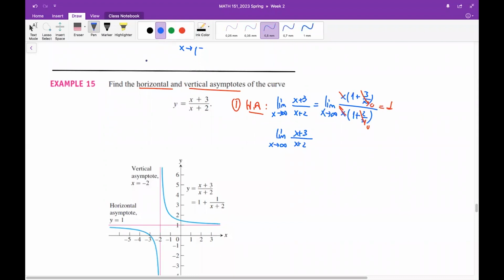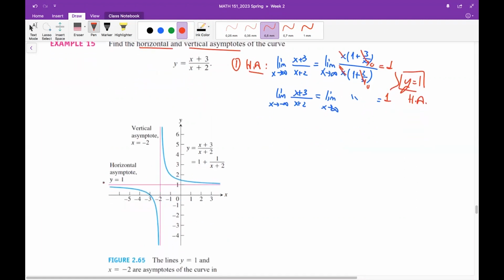Similarly, for x goes to minus infinity, everything is the same above. So 1. This verifies for you that y equals 1 is a horizontal asymptote. You see, at around plus infinity and minus infinity, the values of your function are getting closer to 1 for both cases, as the limits are both 1. Okay, this is how you detect horizontal asymptote.